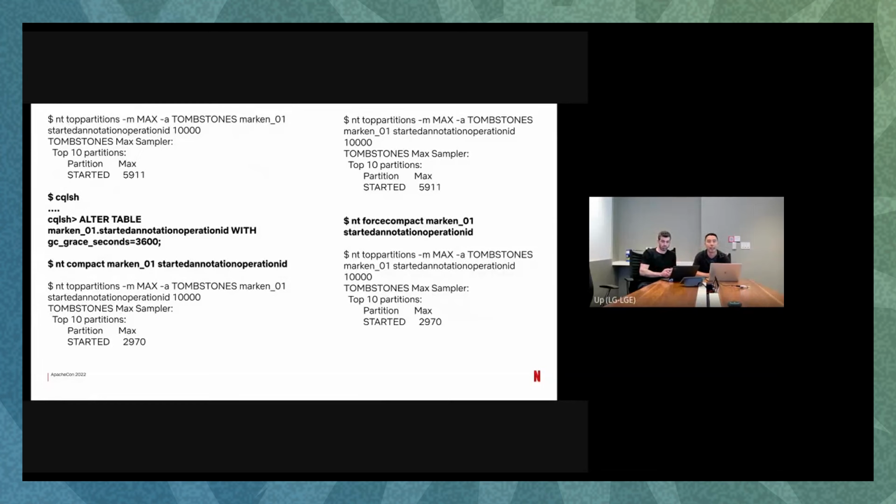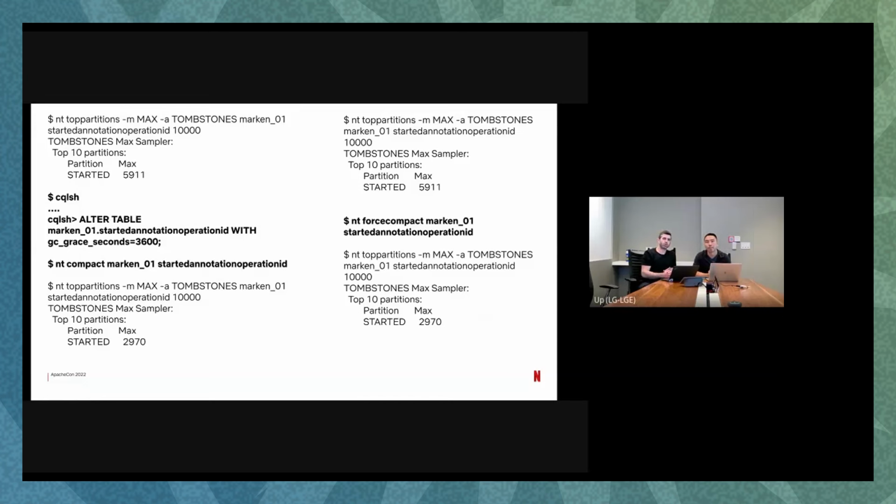On the right-hand side is how we do the bad partition keys mitigation: once we have a list of partition keys, we just run nodetool force compact for these keys, instead of setting the gc_grace_seconds, and all these bad partition keys are purged.